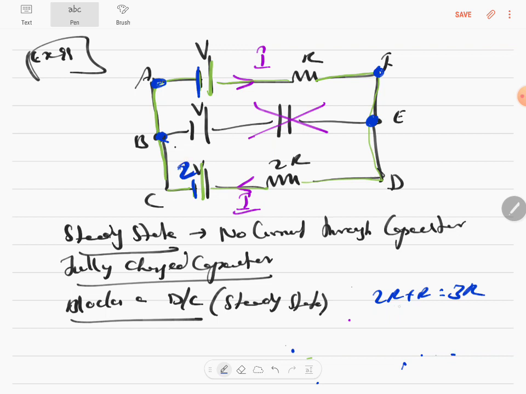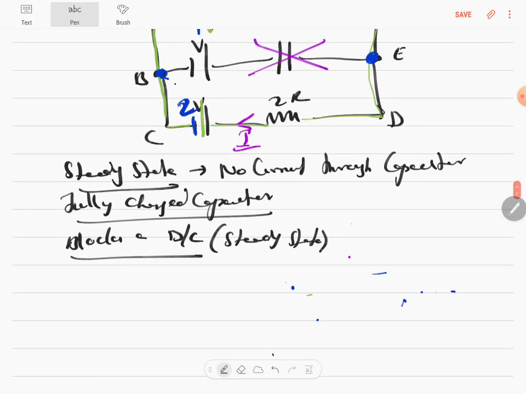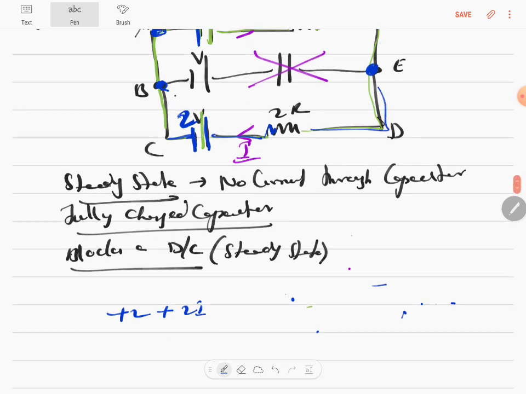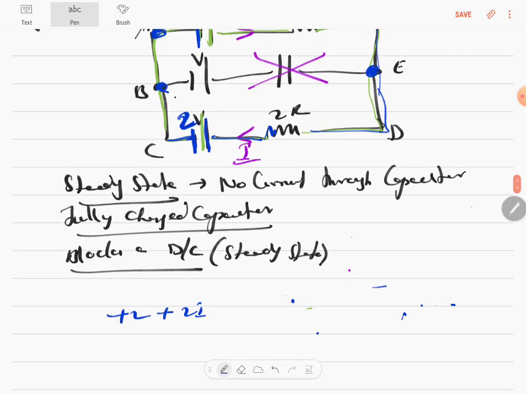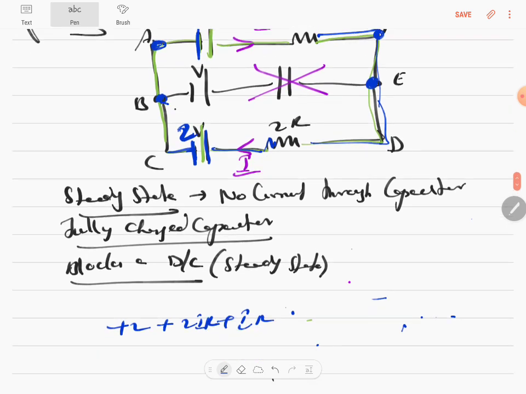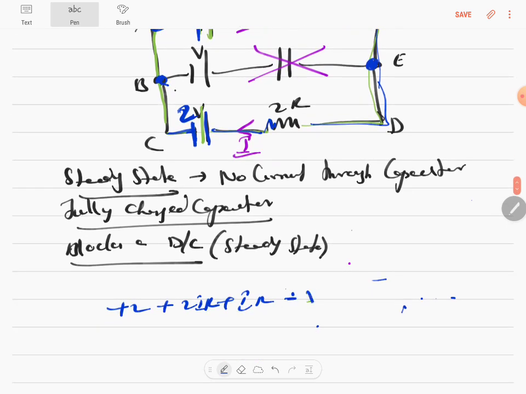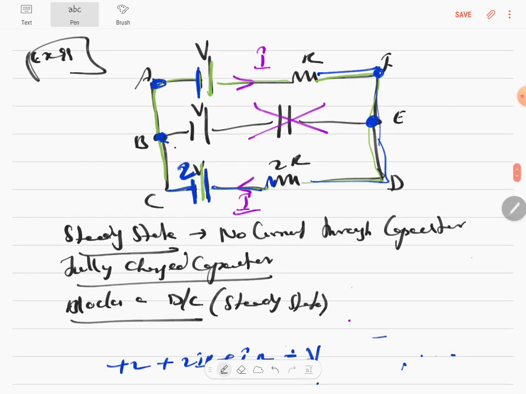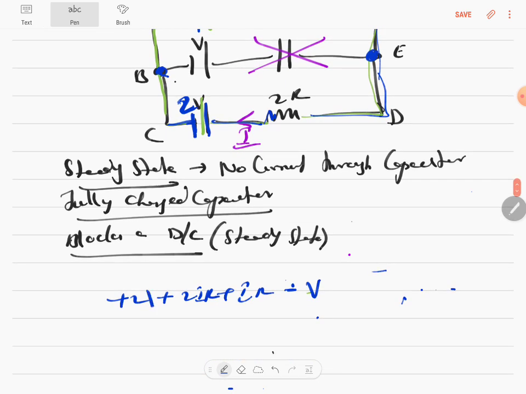Okay, so then therefore you can apply the loop rule again. As I said, you can apply it to the outer loop, start traveling from here, from negative to positive is plus 2V, and then you have a resistor in which current is flowing in the opposite direction, plus 2IR, and then go to the outer loop directly, a current is flowing in the opposite direction, plus IR, and the voltage is going from positive to negative, minus V. This is 2V, right?